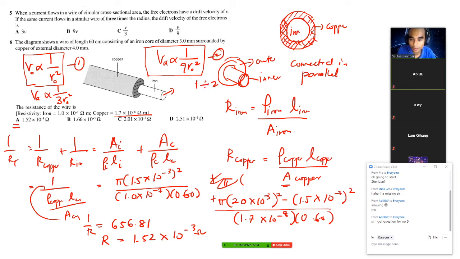I think you get V A over 9 equals V naught. Is it? You check back your calculation. Sir, I moved the 9 to the V. How about you divide 1 divided by 2? You end up with V A over 9 equals V naught.